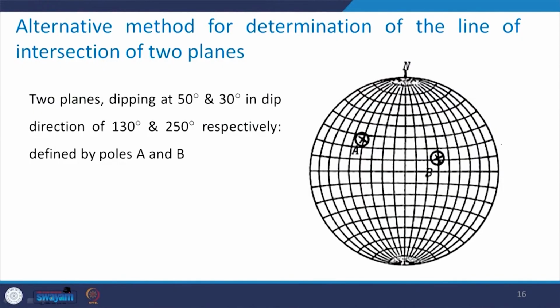Now, there is an alternative method of determination of the line of intersection of two planes. This we have already discussed using one particular method, but using the poles also we can find out the line of intersection of the two planes, because I mentioned to you that the planes can either be represented by a great circle or by their poles.